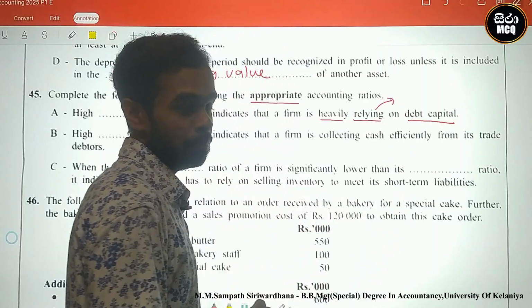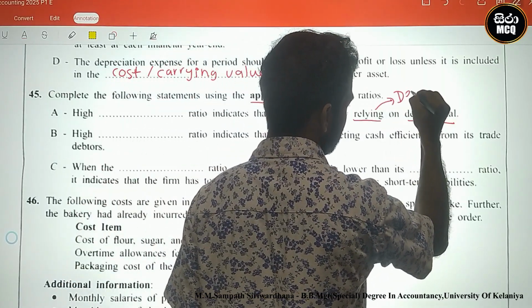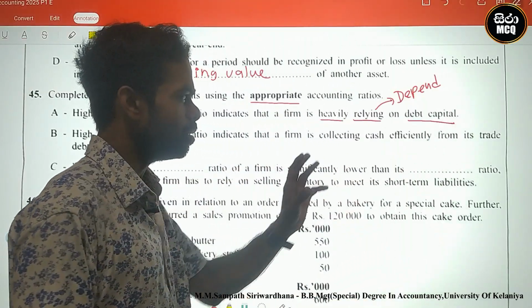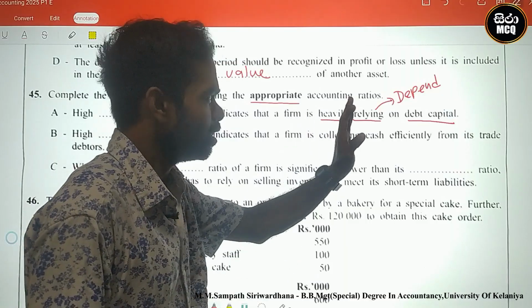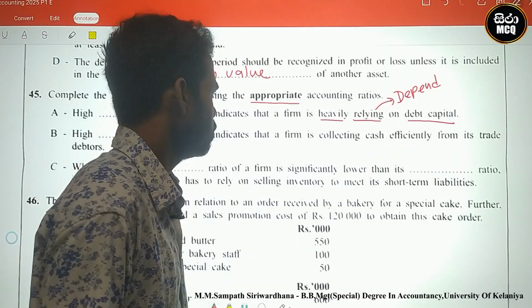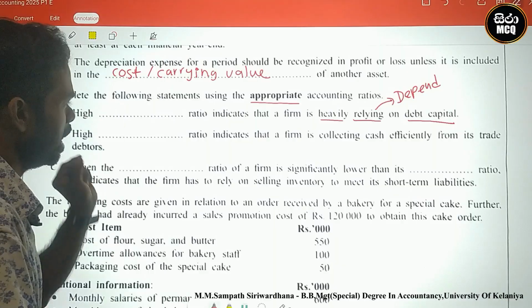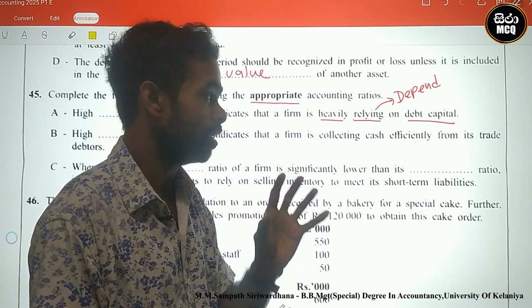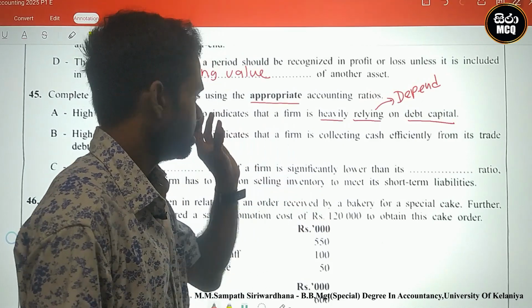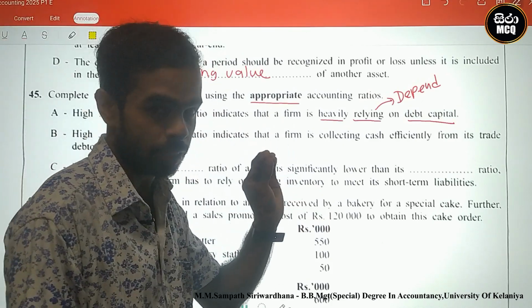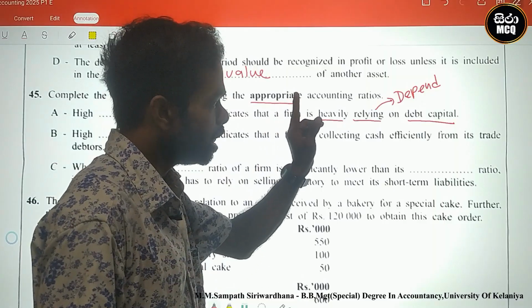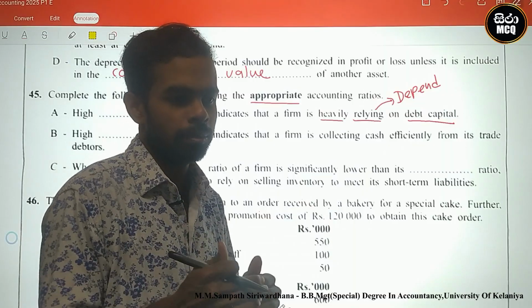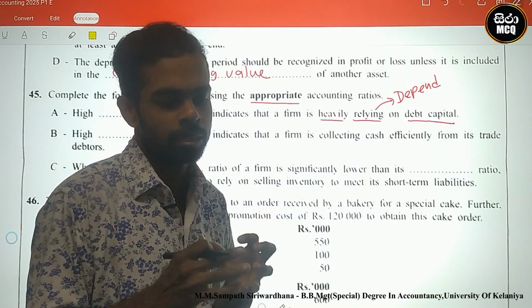Relying means depending on debt capital.